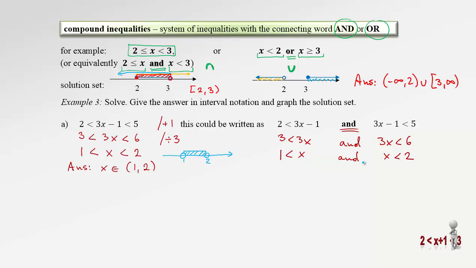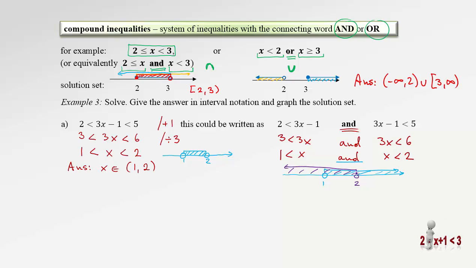So if I want to represent these two inequalities on the number line, it will look like that. Let's say 1 is here. X's are larger than 1, so x's are going this way. And x's are smaller than 2. Let's change the color. X's smaller than 2 are going that way.